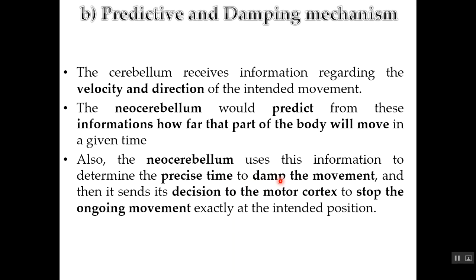Not only does it predict the precise time to damp the movement, but it also makes the decision at the time of stopping. It will send a signal to stop or damp the ongoing movement exactly at the intended positions. At what? The intended positions. This is the predictive and damping function.